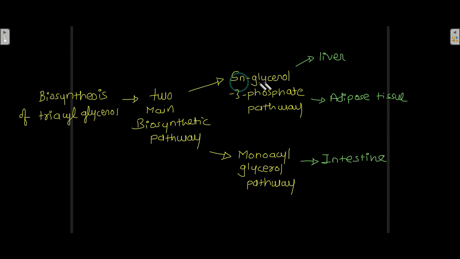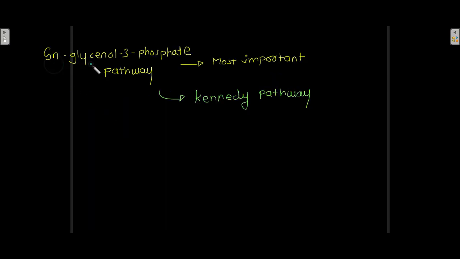The SN-glycerol 3-phosphate pathway mainly predominates in liver and adipose tissue, and the monoacylglycerol pathway occurs in intestine. The SN-glycerol 3-phosphate pathway is the most important and it is also known as the Kennedy pathway.